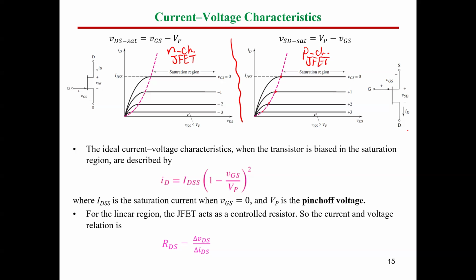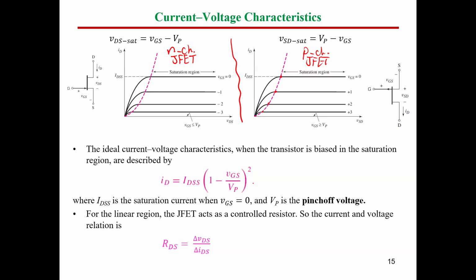What about the current and VDS relation, or the current-voltage relation? It's a very simple relation, guys. We have, again, two regions, two relations. For the saturation region, the relation is ID equals IDSS, which is the saturation current value, times (1 minus VGS over VP) all squared.